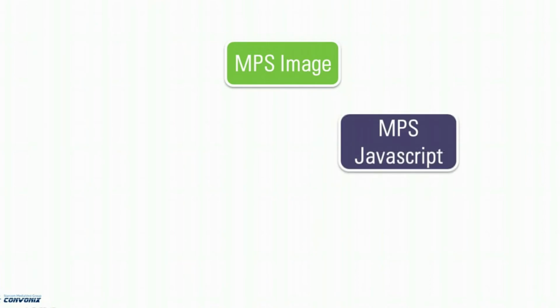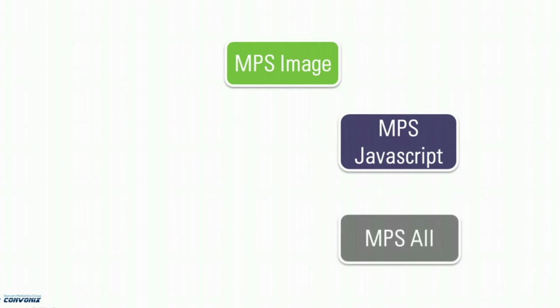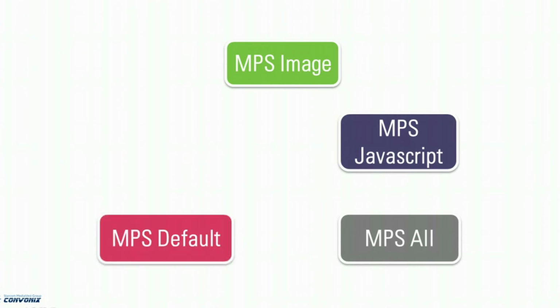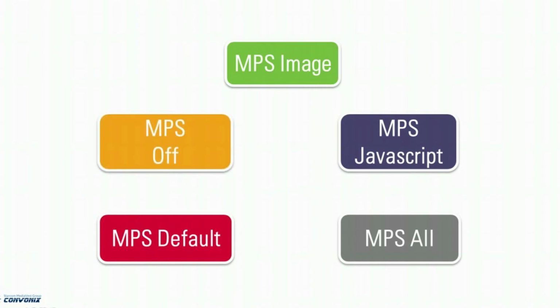This combination had filters that were aggressive towards optimization of heavy JavaScript, but not so aggressive towards the other elements. Mod_pagespeed all. This was the most aggressive filter combination with all filters available switched on. Mod_pagespeed default. This was the least aggressive with only default filters on. And finally, one with mod_pagespeed turned off.